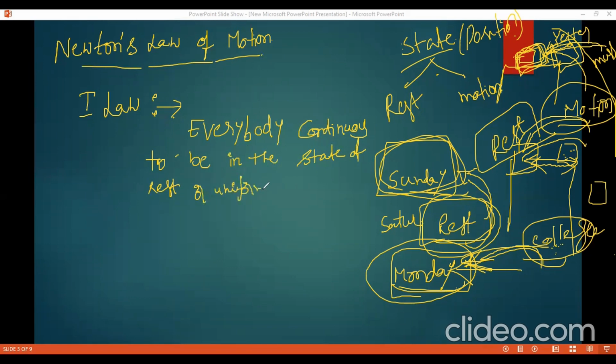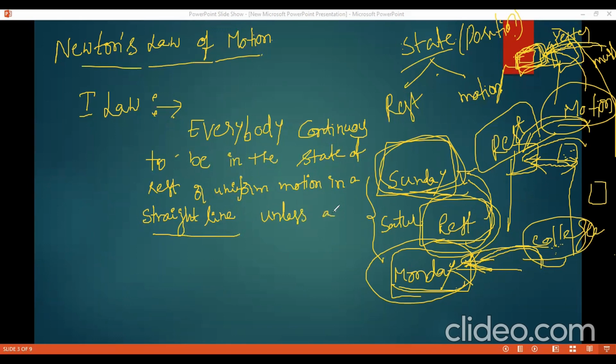I gave the definition for rest. These are the examples for rest. I'll give uniform motion also. Uniform motion in a straight line. This is the condition. You have to observe the conditions always. In a straight line. This is the keyword.